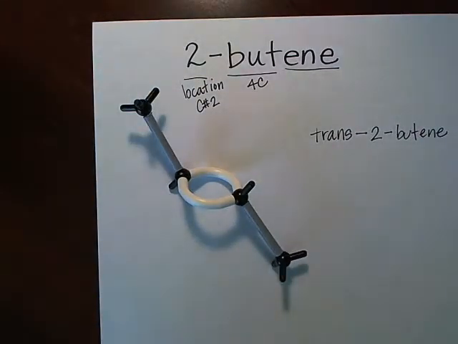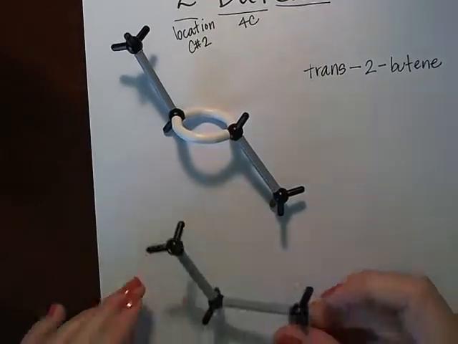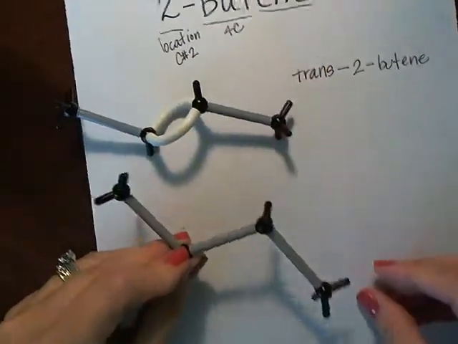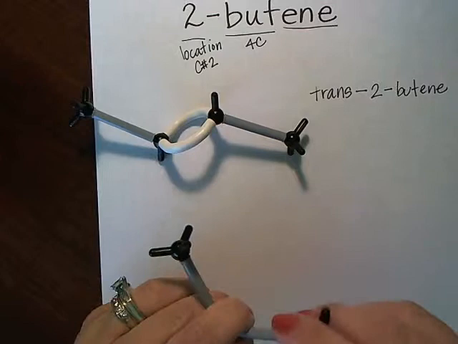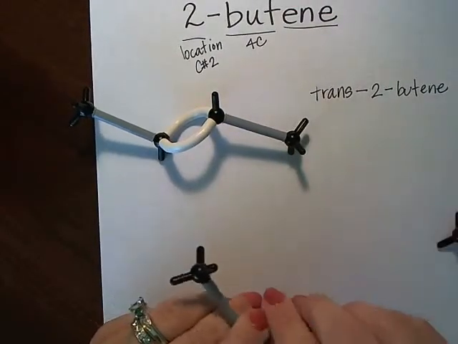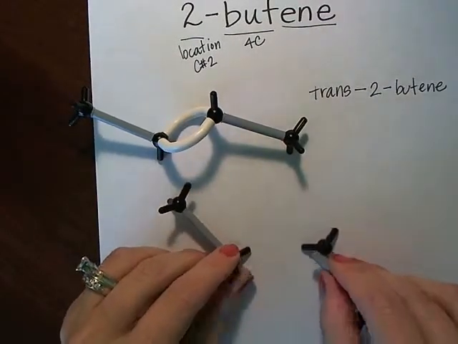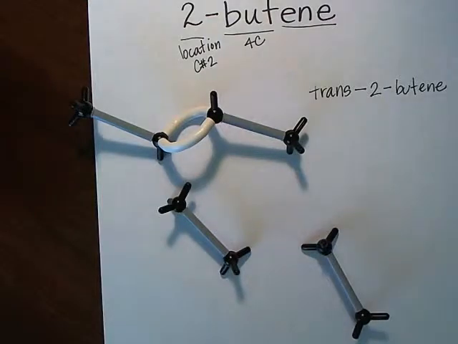And then, of course, it could also exist in the cis version. So again, I've got a butane. I'm going to replace that single bond with a double bond.